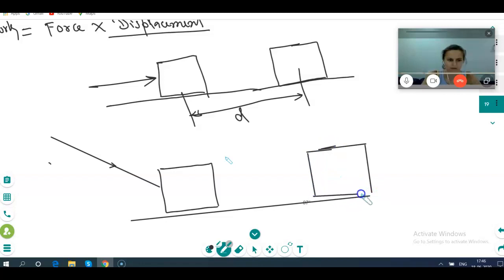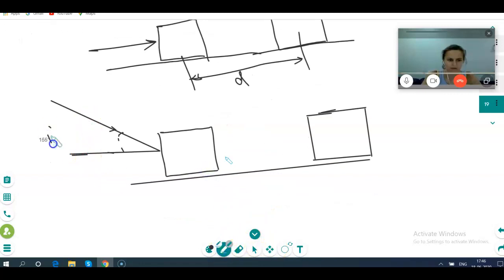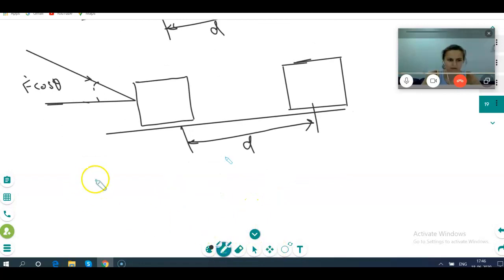You have to take the component of the force in this direction. So the component will be F cos theta, into D. Now multiplied: F D cos theta.